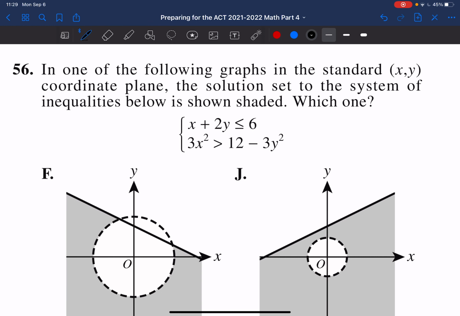56. So which of the following graphs is the solution set to this shown? The thing to remember is that this is a line. And so that means this has to be the circle.